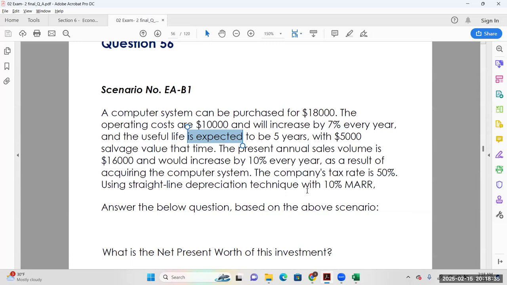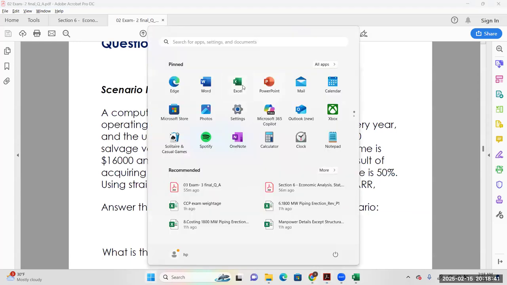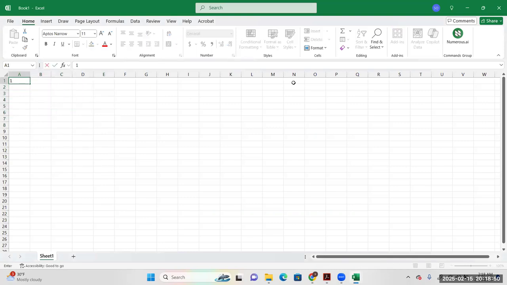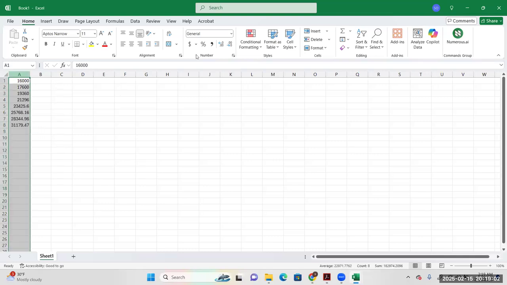We need the formula for P to G. I had actually done it before this question, but I forgot it. Okay, we will do just one trial method. Is there any correlation in this one? Every year the sales is increasing 1.10, right?